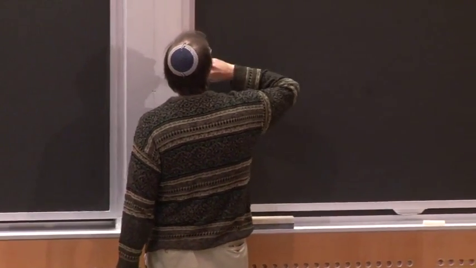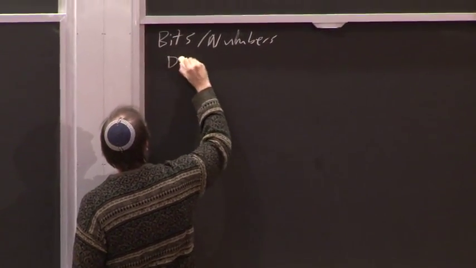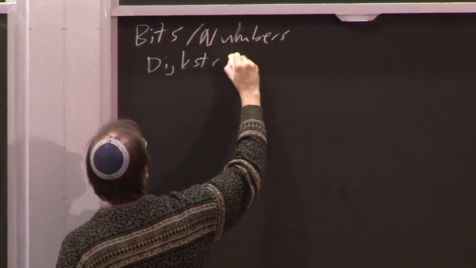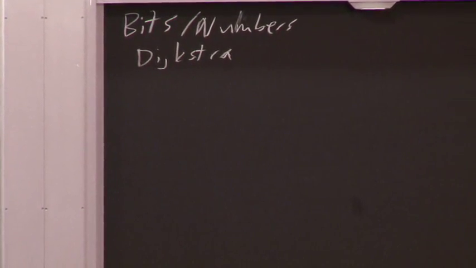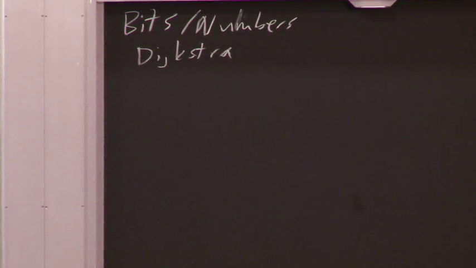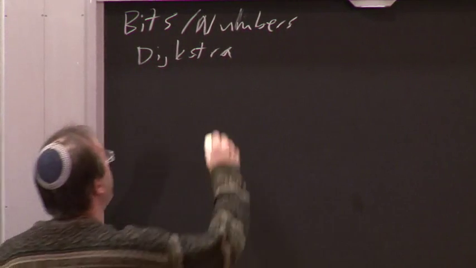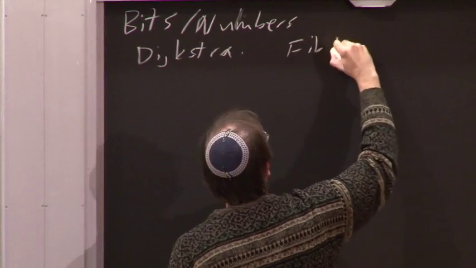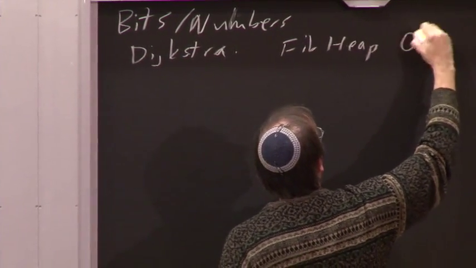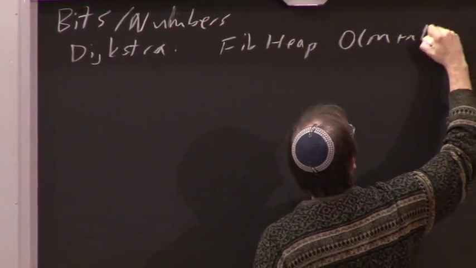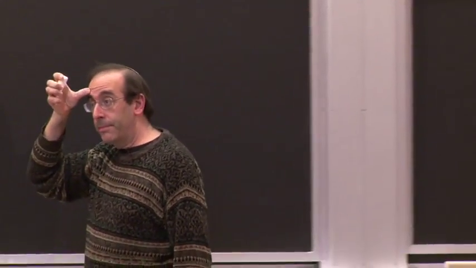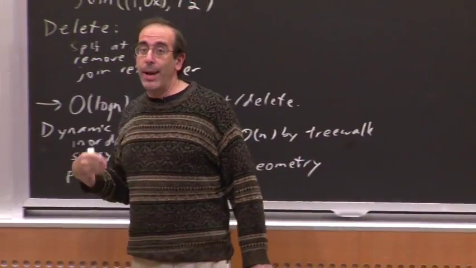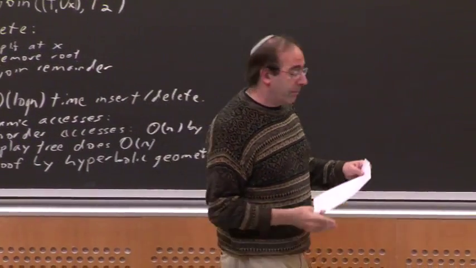And we're going to start again with Dijkstra. Okay. Shortest path algorithms. So we saw how we can use a Fibonacci heap to solve shortest paths in order m plus n log n time. Right? And that was just based on comparing sums of edge lengths.